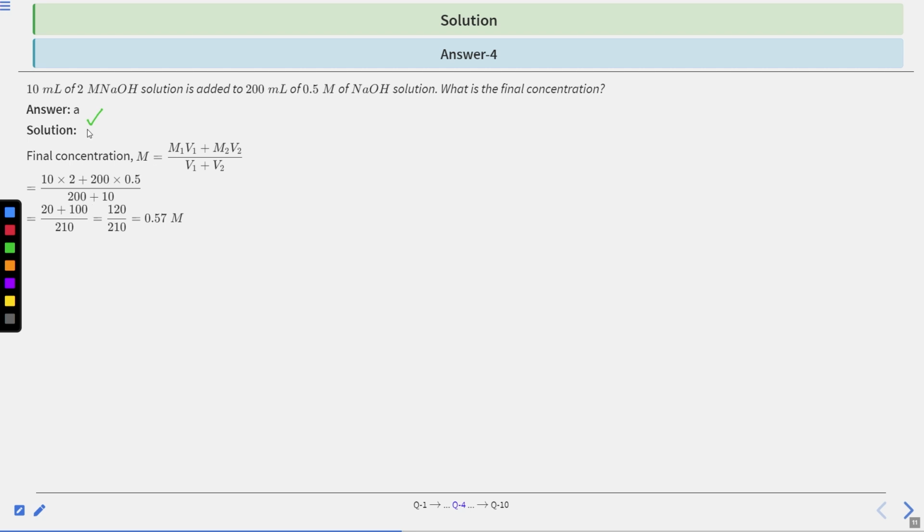On putting the values, 10 into 2 plus 200 into 0.5 upon the sum of volumes, that is 200 plus 10. On solving this fraction, the final concentration is 0.57 molar. Hence, option A is the correct answer.